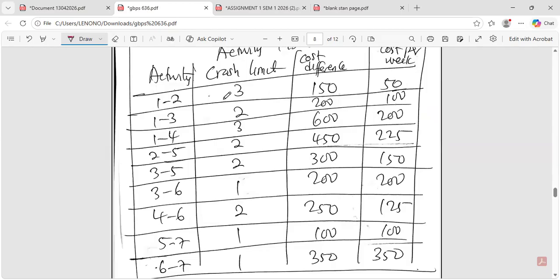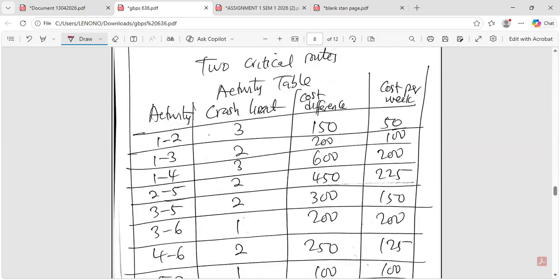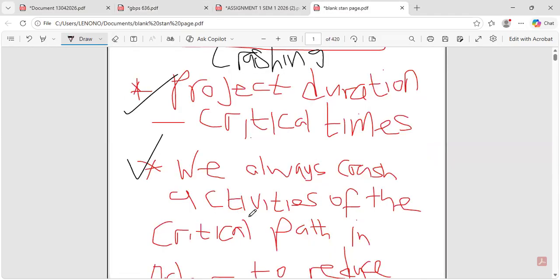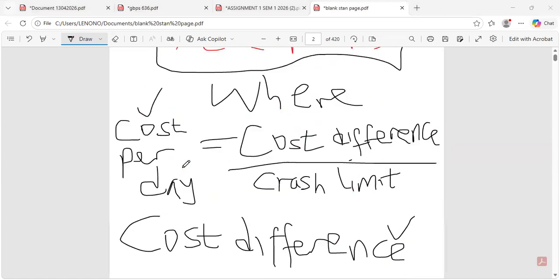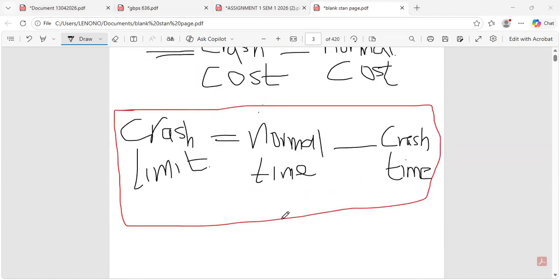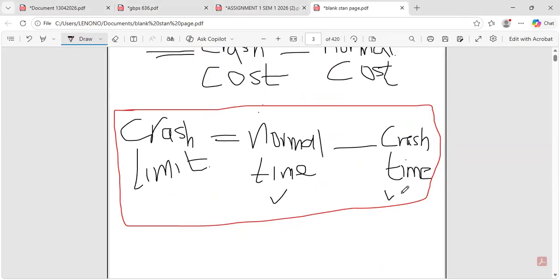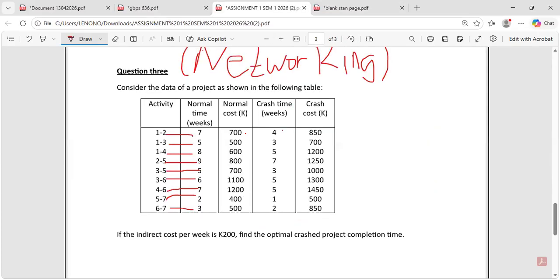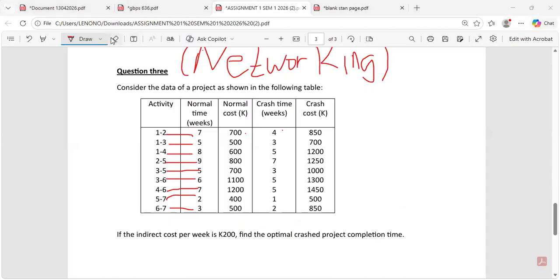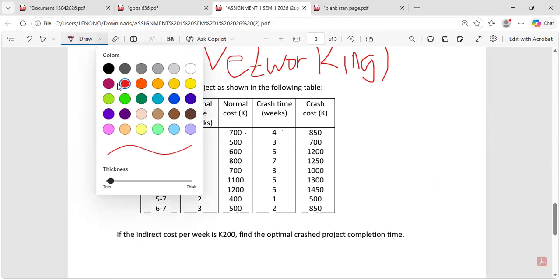For the activity table, you have the crash limits, using the formula. Our crash limit is equal to normal time minus the crash time. This is how you get the crash limit. You are subtracting the crash times from the normal times, so the crash limit is just the difference between the normal time and the crash time.